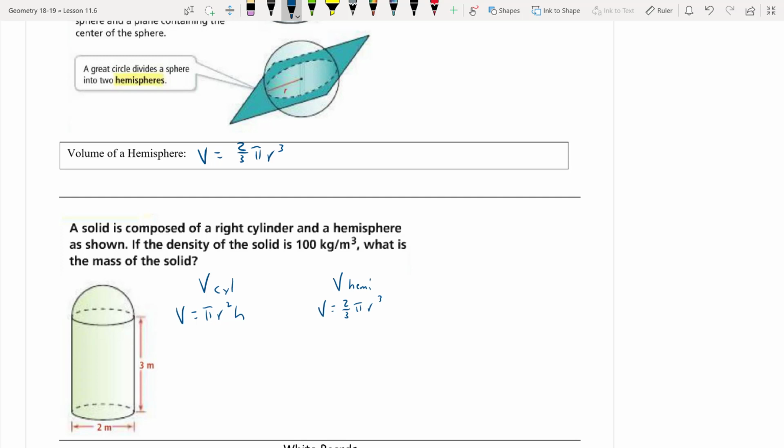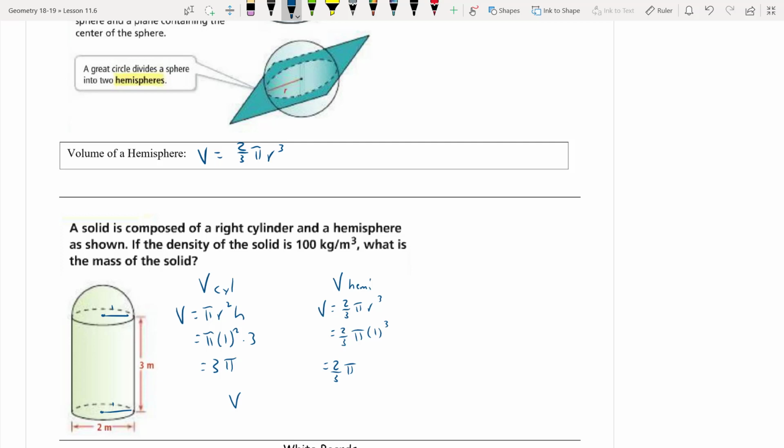Well, if my diameter is 2, that means my radius is 1. So I'm going to have pi times 1 squared times our height of 3, and I'm going to have 2/3 pi times 1 cubed. So I've got 1 squared times 3 is 3 pi over here, and I've got 1 cubed times 2/3 is 2/3 pi over here.